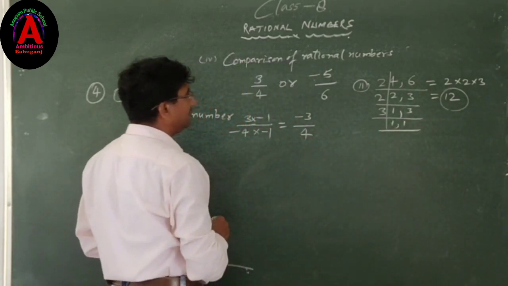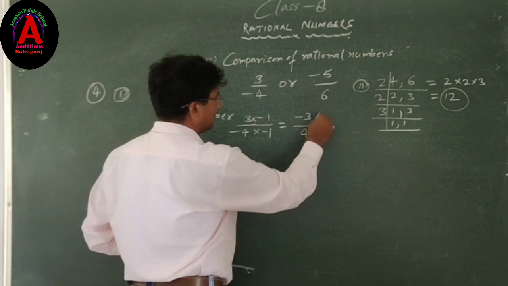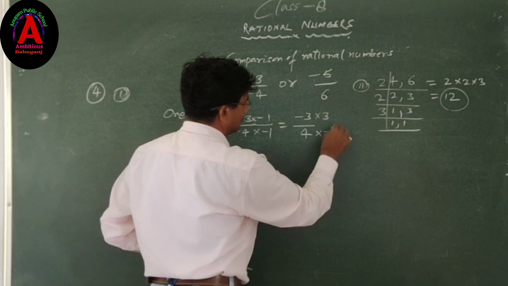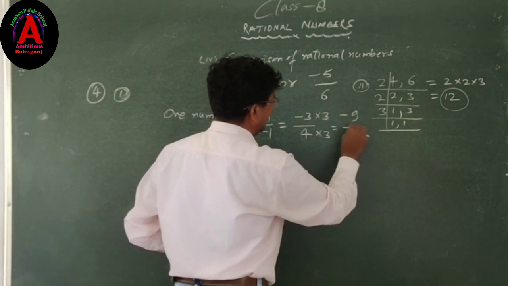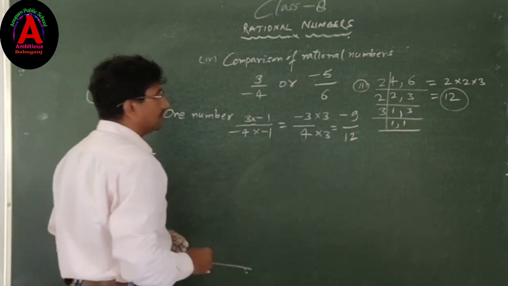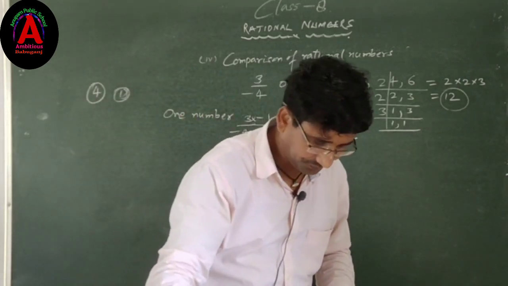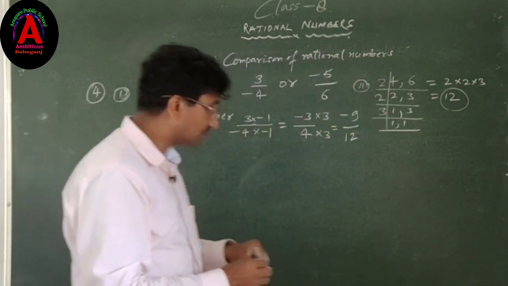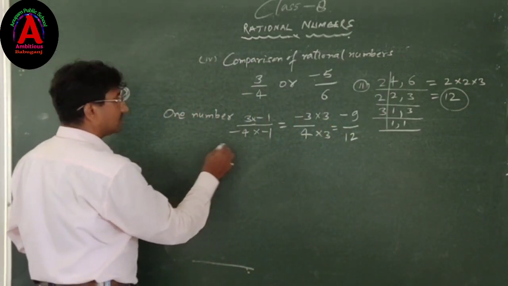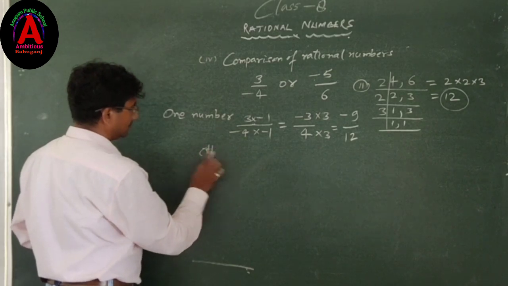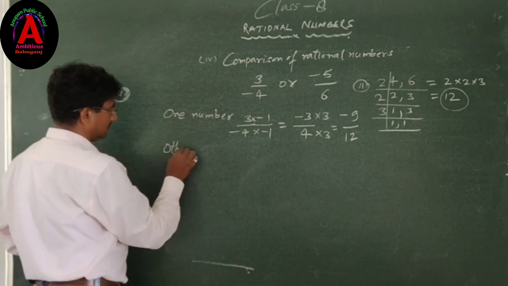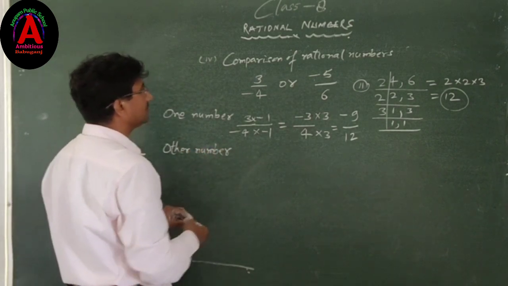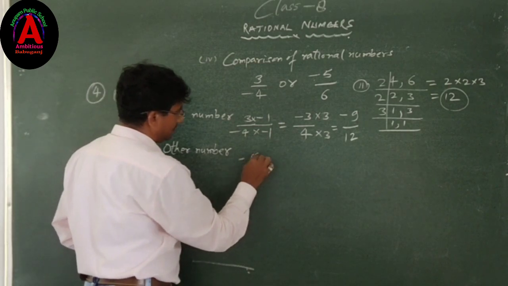So what will happen? Here we have to multiply by 3. Then it will be 12, -9 upon 12. Now the other number, -5 by 6.